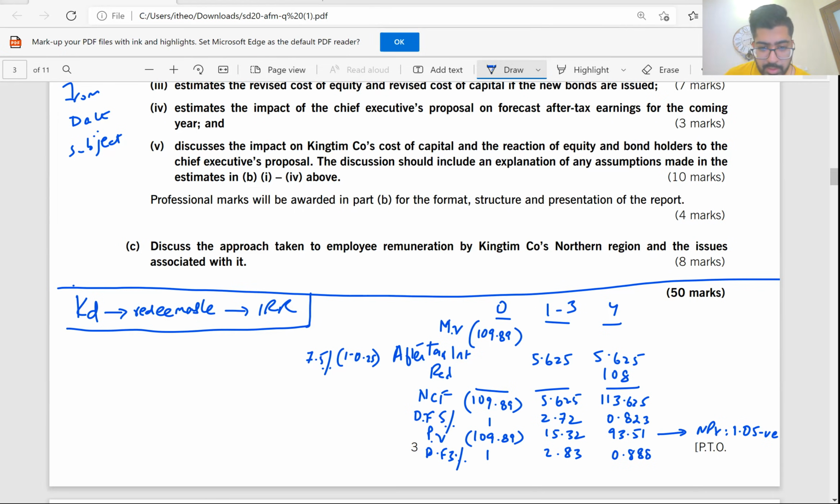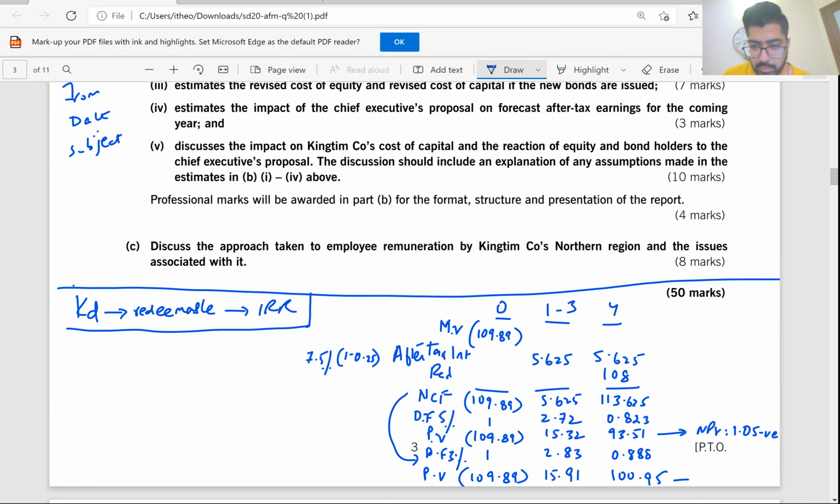So once this net cash flow is now multiplied by new discount factor, you get another present value: 109.89 negative, 100.95 positive, and 5.625 into 2.83, 15.91 positive.